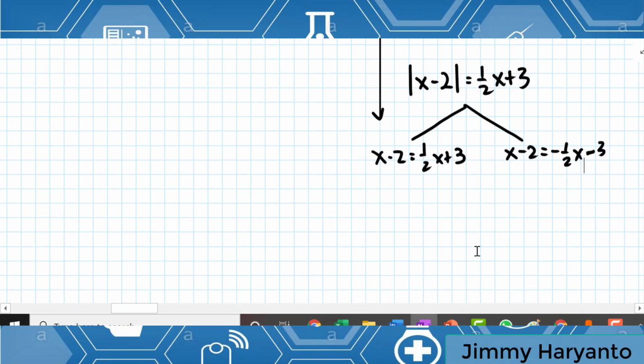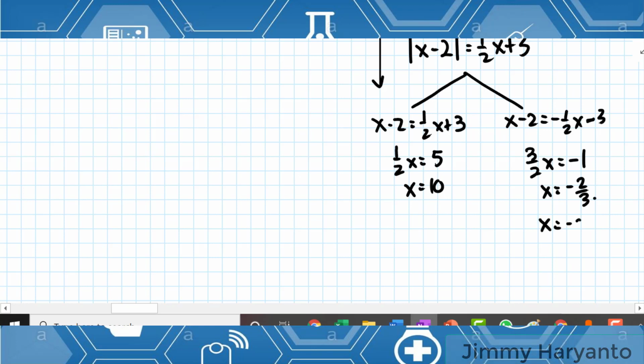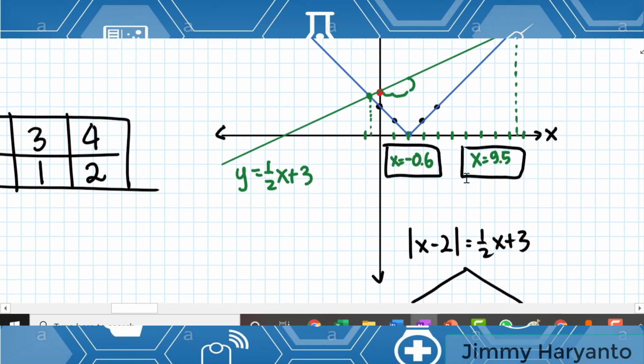And then the result is half x equals 5, so x will be 10, and this one is 3 over 2 x equals negative 1, so x will be negative 2 over 3. Negative 2 over 3 is negative 0.67, and for this one it is 10. We miscalculated the 10.